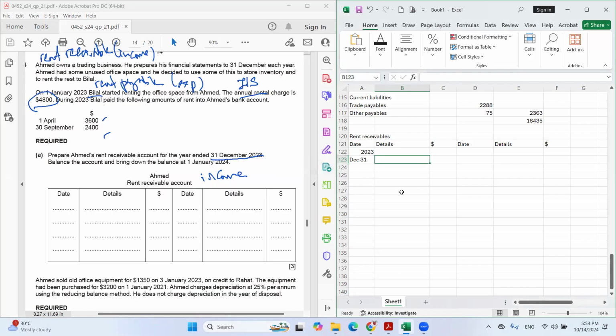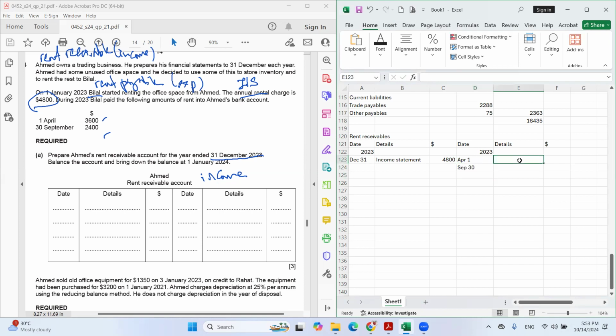Now, here we have the annual rent, which is the income statement amount. When you see the word annual, it's an income statement amount. So 4,008. There are 2 payments received, which go to Ahmad's bank account. So you can only take the bank account on April 1st and then September 30th.